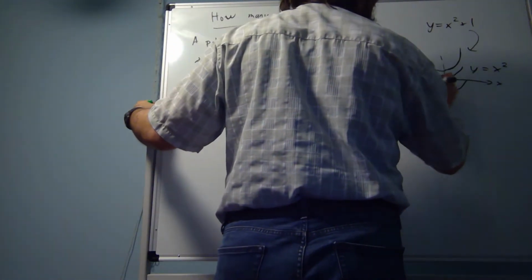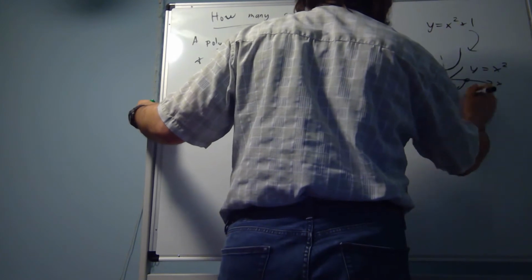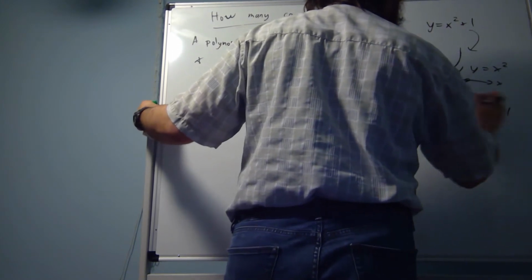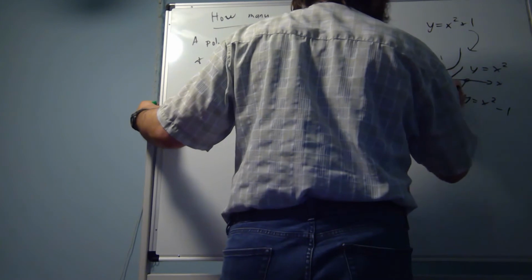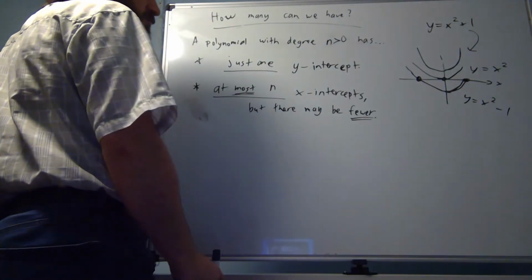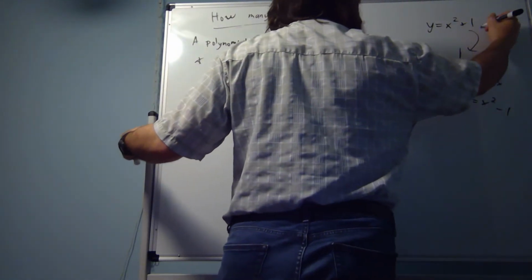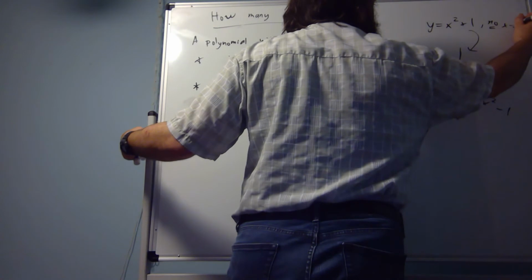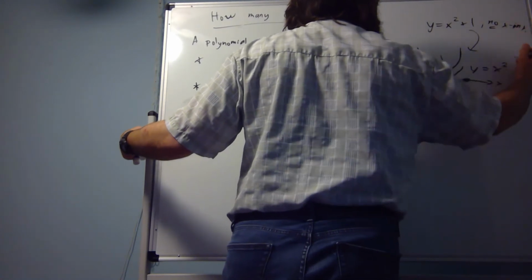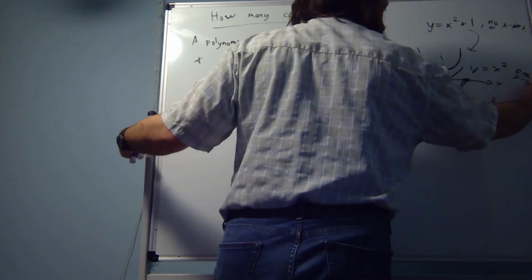But if we do another graph, you can either see it from the graph, or you could actually solve for that. If x is plus or minus 1, we get 2 x-intercepts. So no x-intercepts, 1 x-intercept.